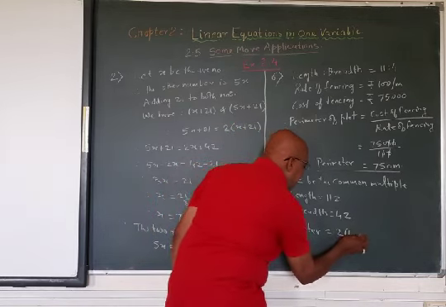So S plus 54 equal to 6 plus 54 equal to 60 years. So the age of granddaughter is 6 years and age of grandfather is 60 years.